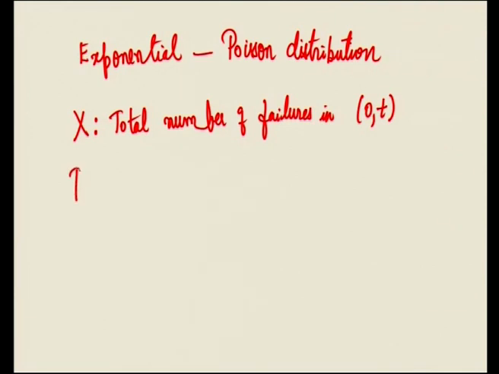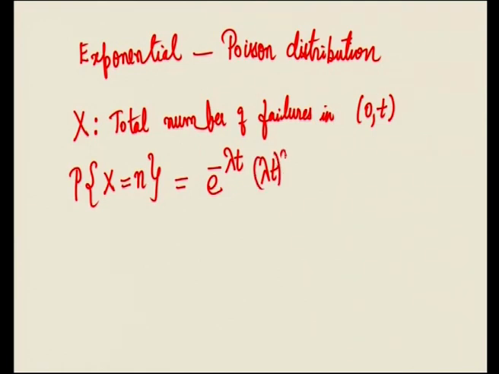Now, the probability that the total number of failures in an interval of length t is equal to n is given by e power minus lambda t, whole power n, divided by n factorial, where n takes the values 0, 1, 2, 3 and so on, with t greater than or equal to 0.